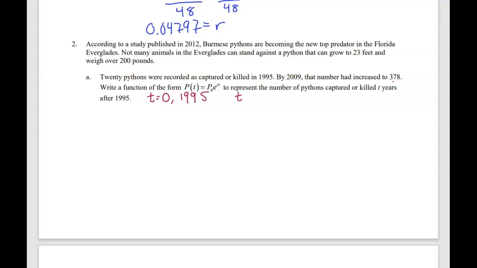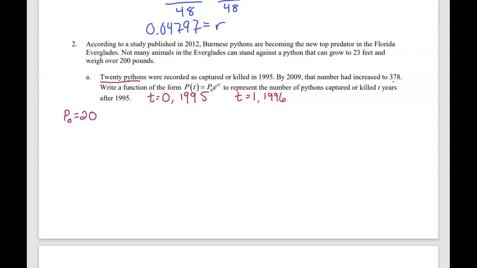So that means if we look at t is equal to 1, that would represent 1996, because t is the number of years after 1995. Now we started in 1995 with 20 pythons. So that means our P sub 0 is 20. That was our initial amount. That's how much we started with.